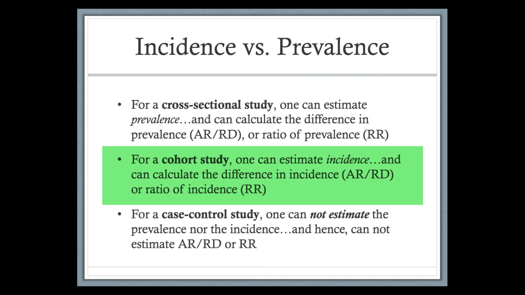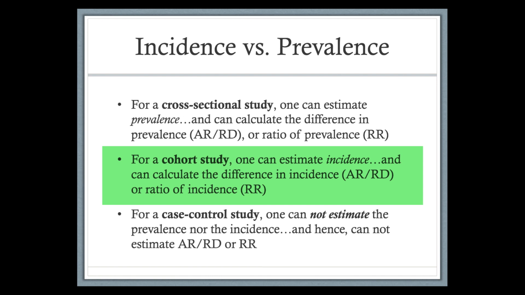Now, for a cohort study, this is where we follow people over time. Right? We start following people at a certain point in time, and we follow them continuously over time. In this sort of study design, we can estimate the incidence. Right? Because we have that time component, we can see at what rate are people contracting the disease, right? Or how often are we getting a new case of the disease. Okay, so for cohort designs, we estimate incidence, and we can still calculate these two measures.